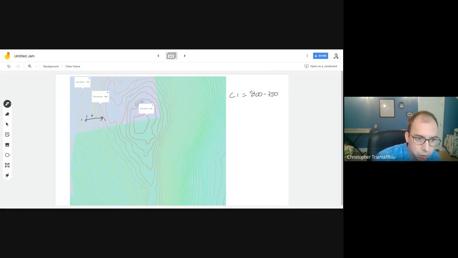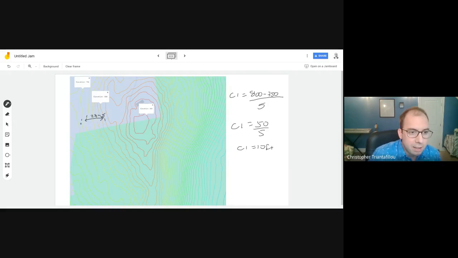There's 1, there's 2, 3, 4, 5. So it takes 5 lines to get from 750 to 800. So we do that divided by 5. So our contour interval equals 50 divided by 5, which gives us 10, and in this case, feet.